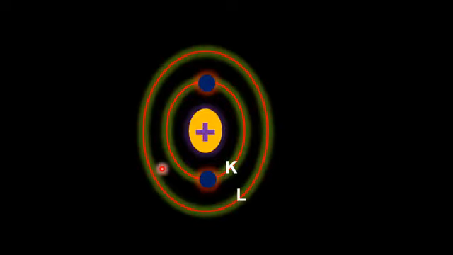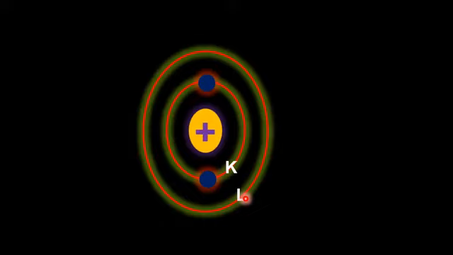The second shell around the nucleus is known as the L shell. The L shell is further divided into 2 subshells. These subshells are 2s2 and 2p6. In 2s2, 2 means second shell, s is a subshell, and 2 represents the number of electrons.